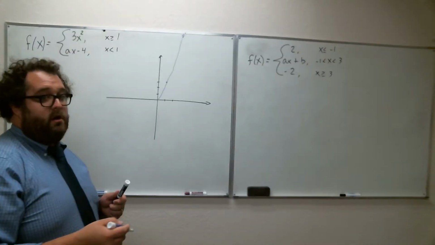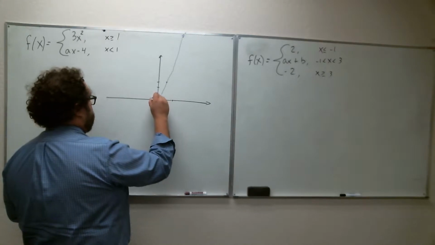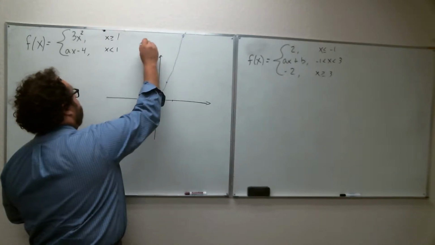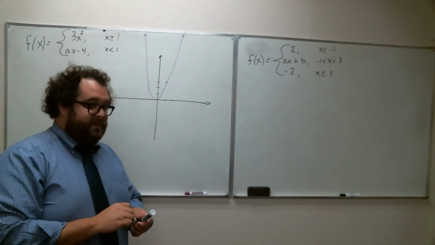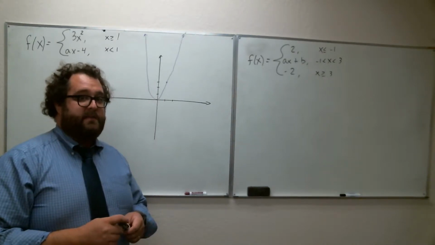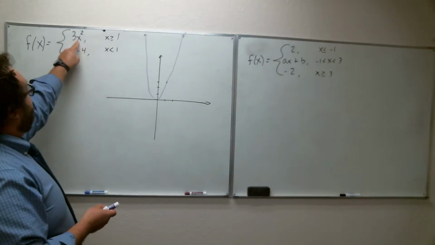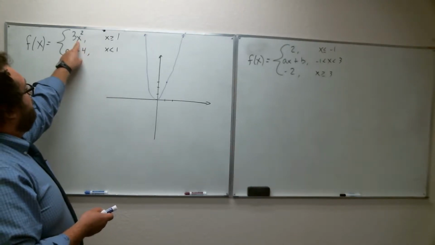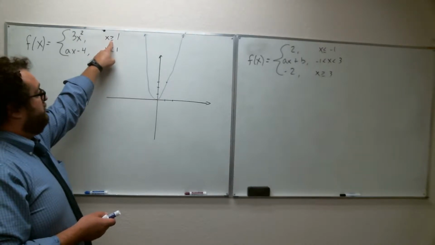But essentially, what this looks like is so. Now, if we were going to draw the entire parabola, it would look like this. But that entire parabola is not defined in this piecewise function. This piecewise function only says, hey, draw the parabola when x is greater than or equal to 1.